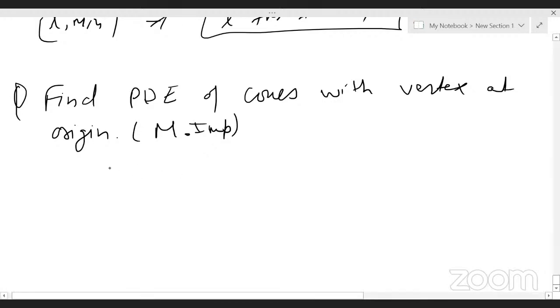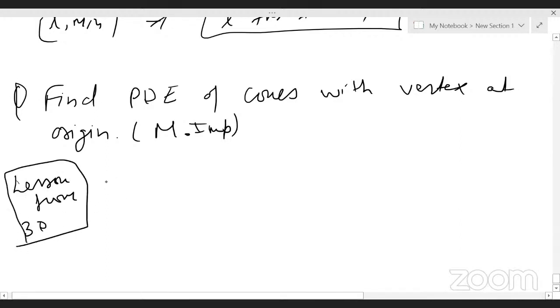So first, the lesson from the 3D chapter. What is the lesson? Any homogeneous equation of second degree represents a cone. This you must have studied in your 3D.